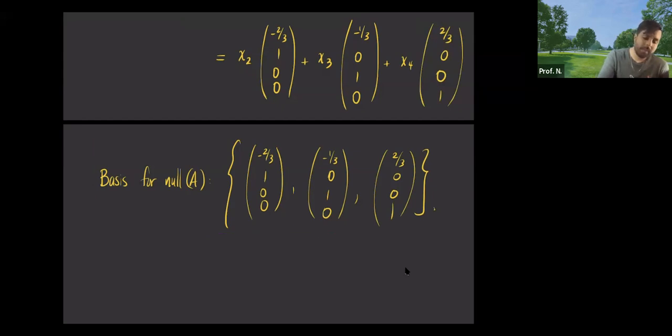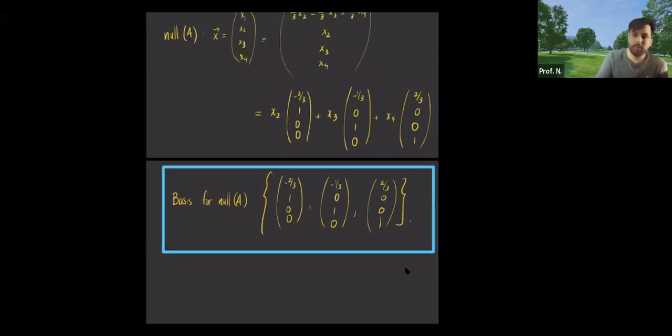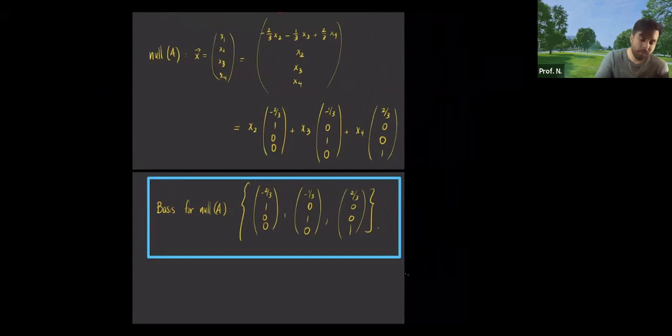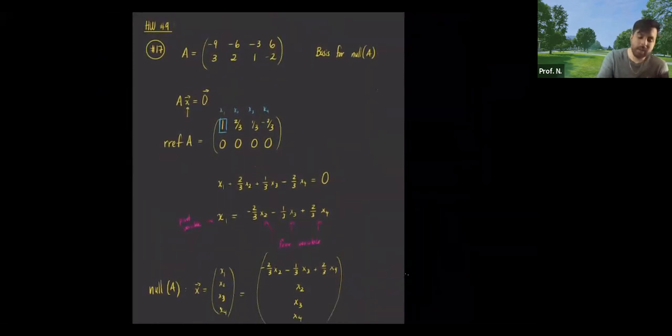Is this clear? You have to know how to do this, especially on the exam, especially exam number 2. We had a lot of questions like this, similar. You have to know how to interpret the null space and how you get that information from the row reduced echelon form.